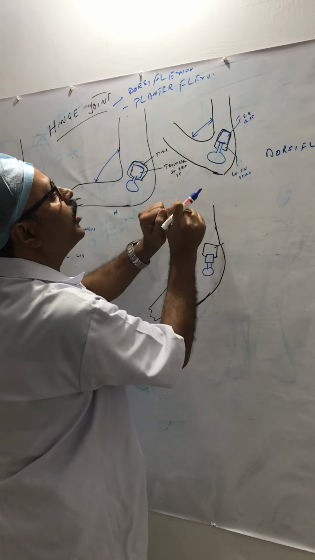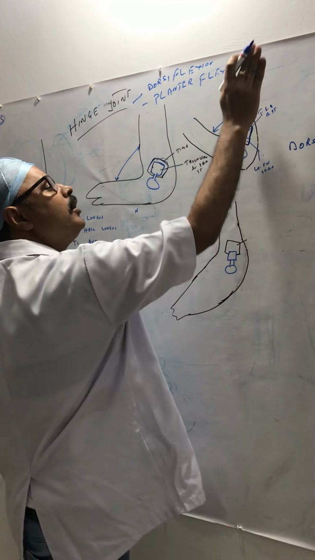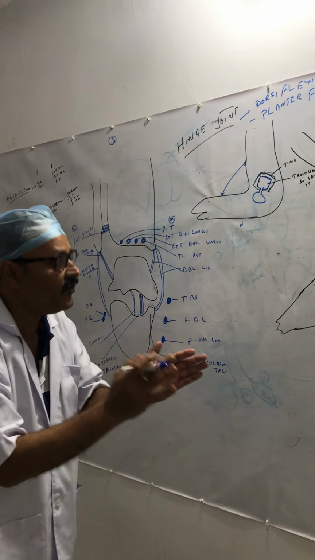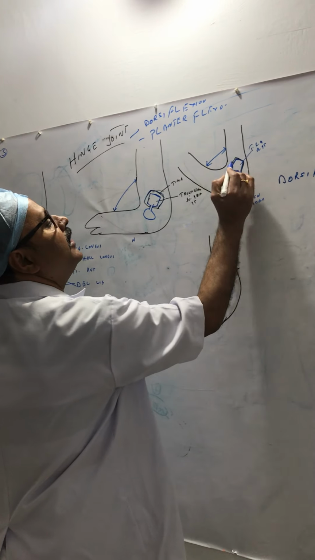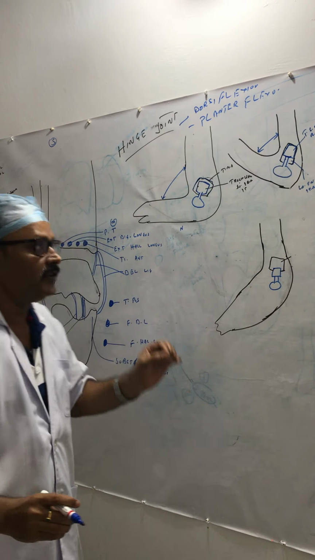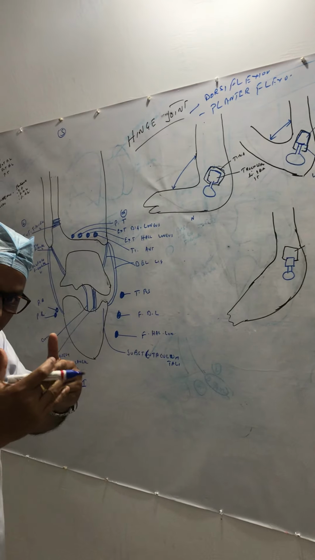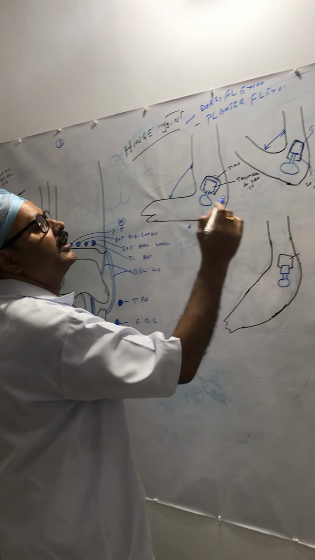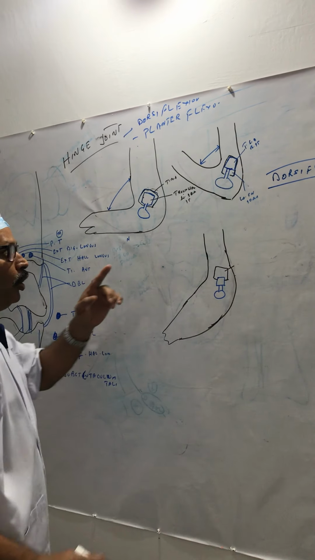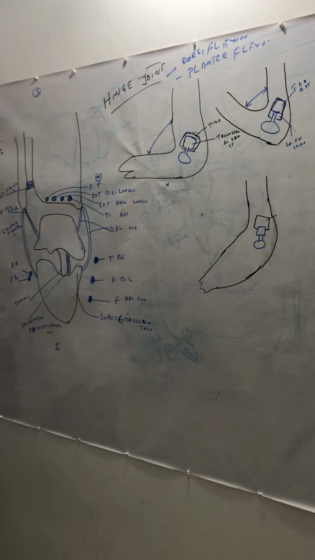You see the lower end of the tibia is right over here. So much more surface of the trochlear surface of the talus is in contact with the inferior surface of the tibia. That's why the congruity, meaning the two articular surfaces coming in contact with each other, is much more in dorsiflexion. So there is minimal or no chance of dislocation in dorsiflexion of the leg.